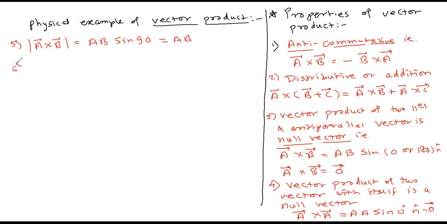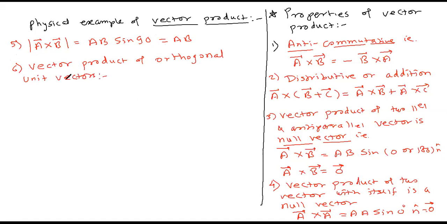Then the sixth point is the vector product of orthogonal unit vectors. Very important.